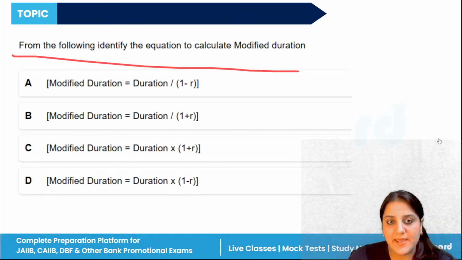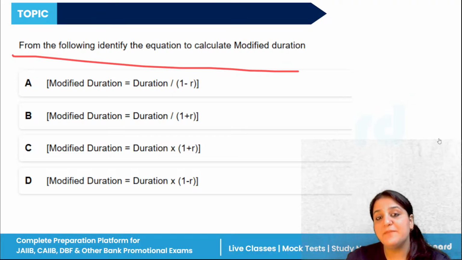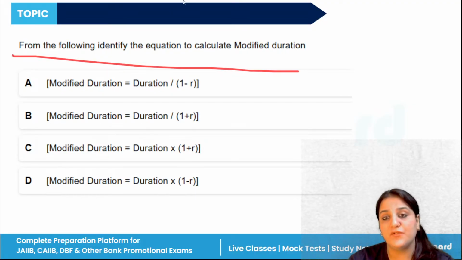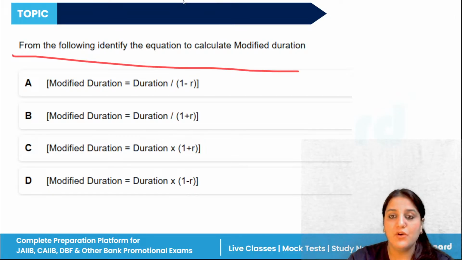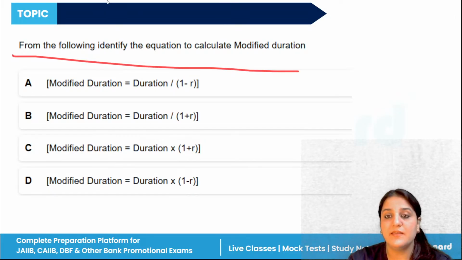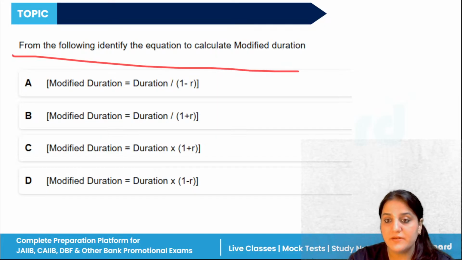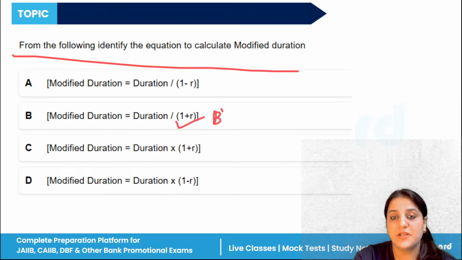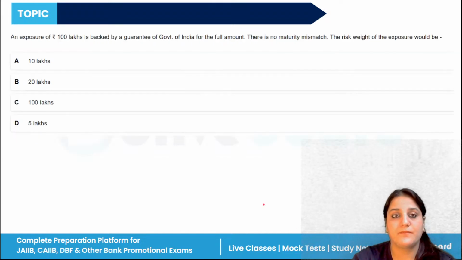The Macaulay duration can be calculated as a weighted average time to receive the cash flows from the bond. So the correct answer is simply duration divided by 1 plus R. So the second option is correct in that case.